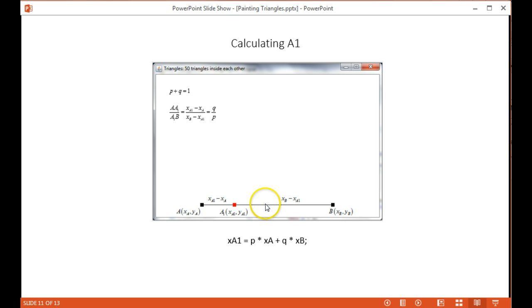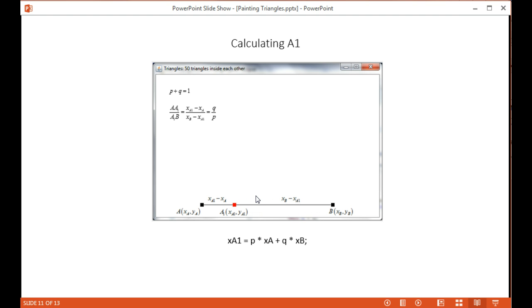A1 ended up being right in the middle. I'm backing up to the point where Q was 0.25. This looks like a quarter of the base, and this is 3/4 of the base, right?